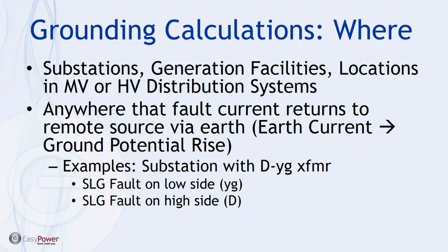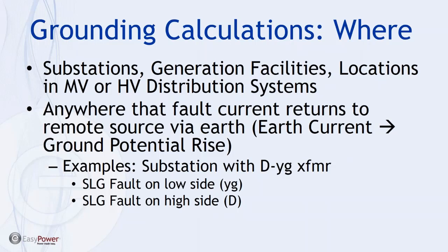We're generally worried about single line to ground faults, because that's where we see ground current flowing between conductors and earth and back to some source.